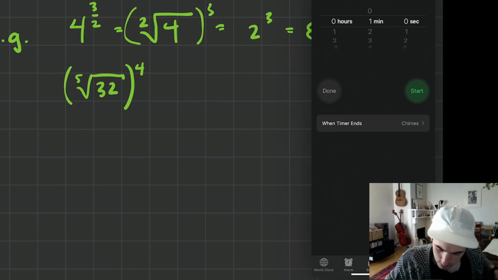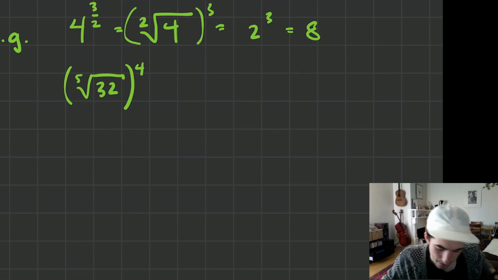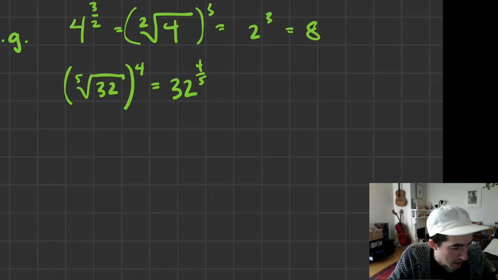Okay, let's try this one out. Looks like a few people got this one. So yeah, one way to do this is to absolutely write this as a fractional exponent. So to do 4/5.